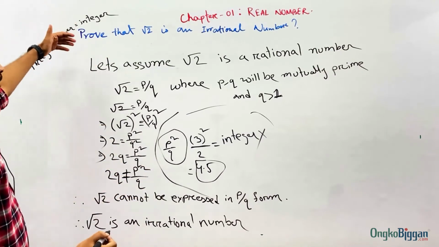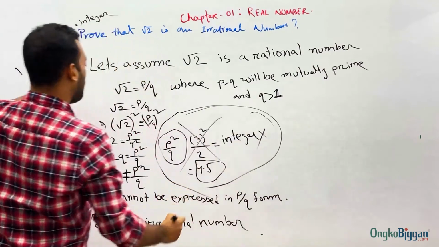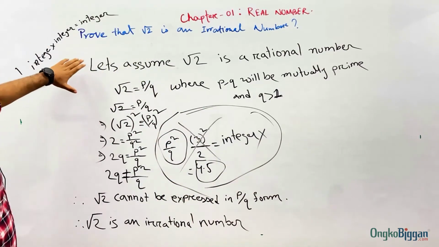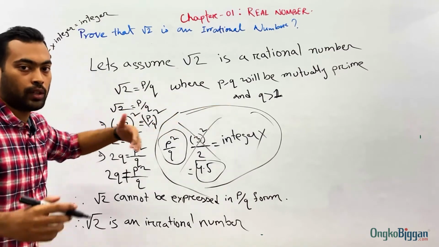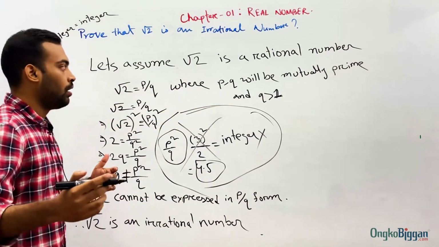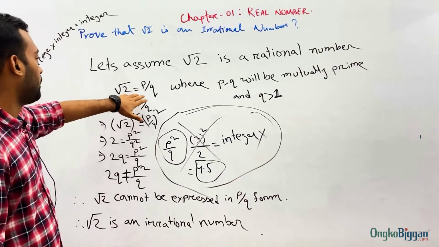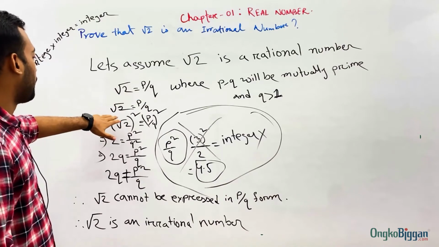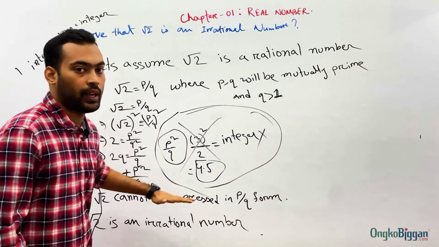So remember the process. Just see the first step. We're assuming that root 2 is a rational number. Then we check with the characteristics of a rational number whether it matches or not. So we have put it in p by q form. Then after calculation, we see that one side we have an integer value, another side we have a fractional value.